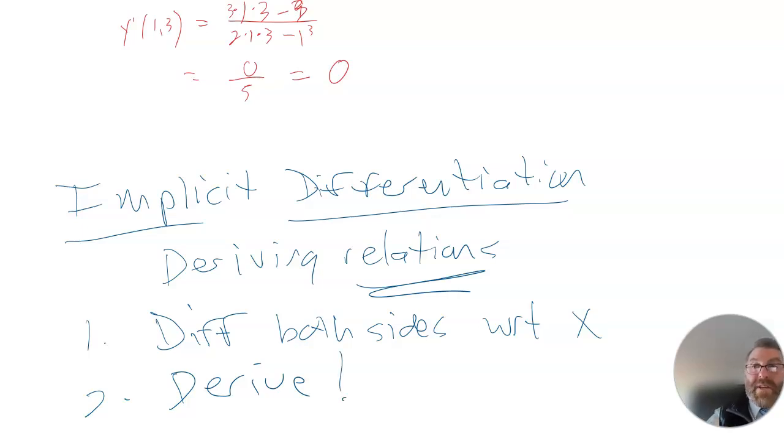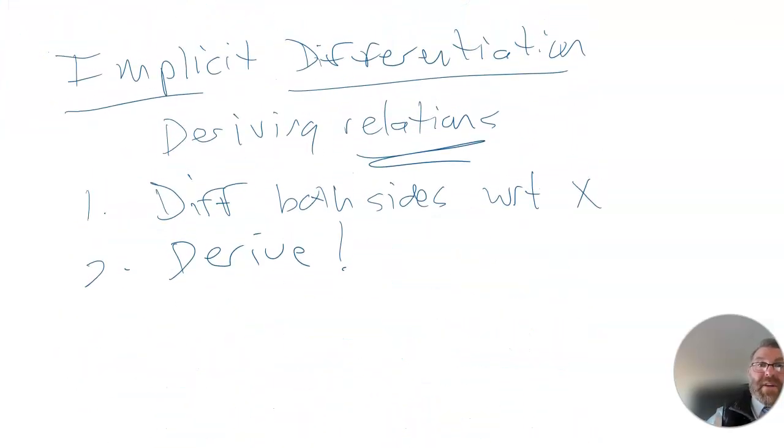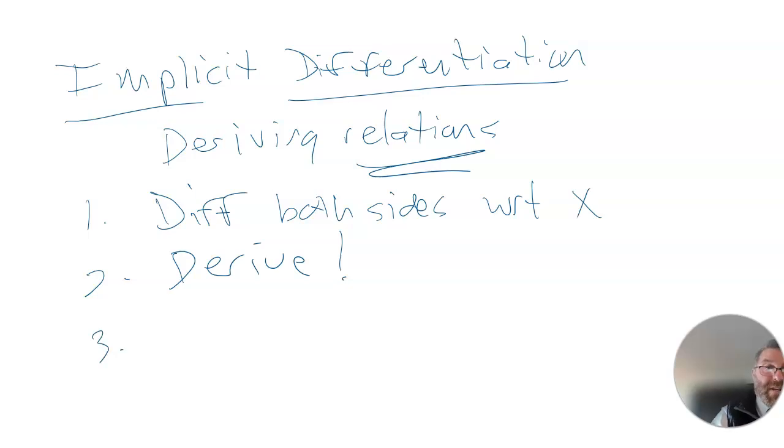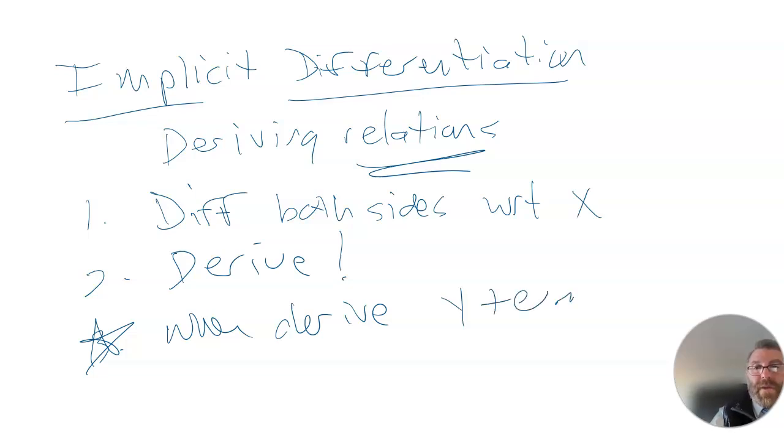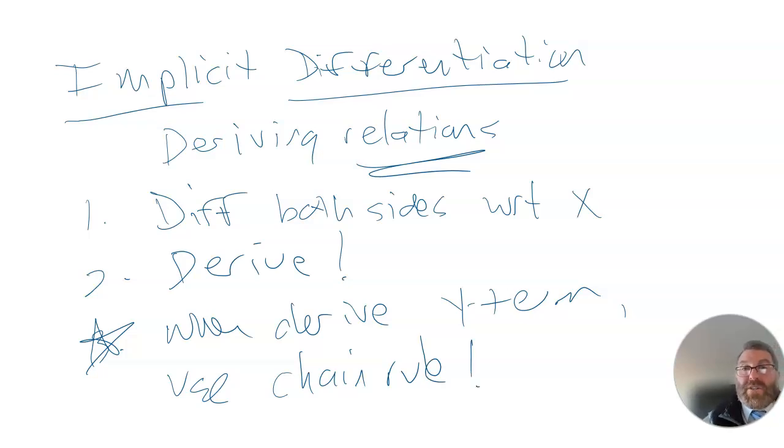And as I'm deriving, here's where it gets a little different because I'm deriving sometimes y terms. So when we derive a y term with respect to x, we have to use a chain rule. So there's a times y prime. Treat y like your inner function.